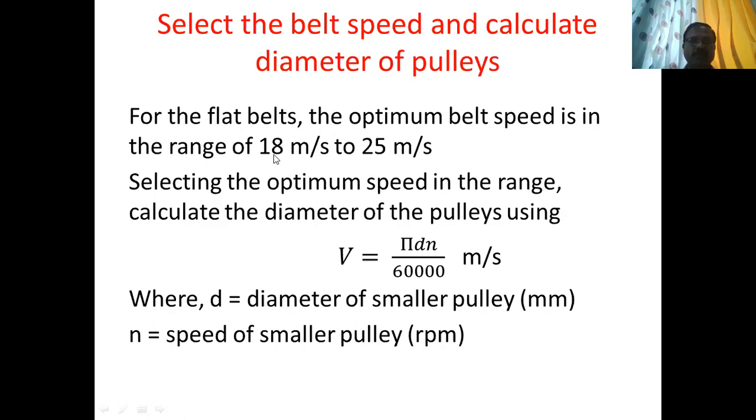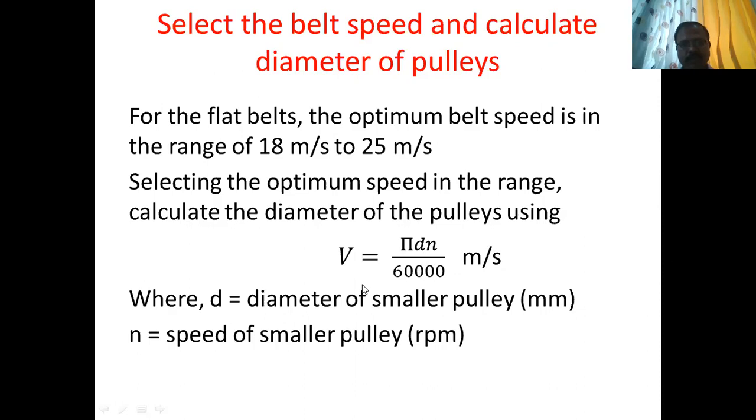Once we select any value in this range, we can calculate the diameter of the pulley using the relation of the velocity: V is equal to pi dn upon 60,000, where d is the diameter of the smaller pulley in mm, and as we want the velocity in meter per second, divided by 1000, so this value is 60,000. So we will get the value of velocity, that is the belt speed in meter per second.